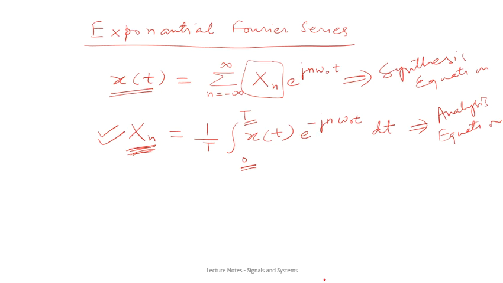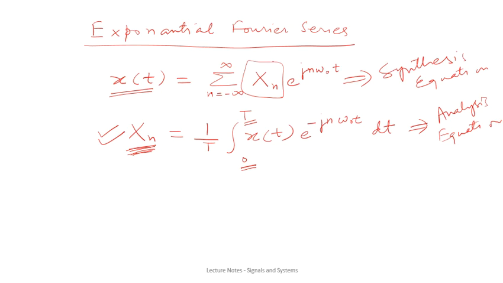Now this exponential Fourier series is just another way of representing the trigonometric Fourier series, and these two forms are identical, that is, they carry identical information. But sometimes the exponential Fourier series is preferred because it is more compact, and the expression for deriving the exponential coefficients is also more compact than those in the trigonometric Fourier series.